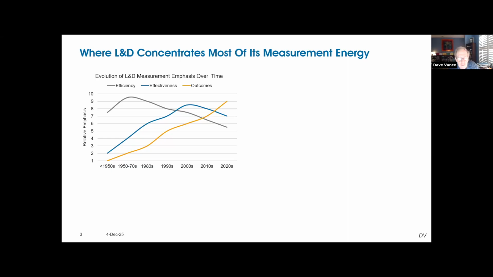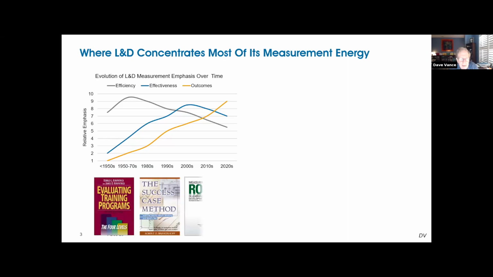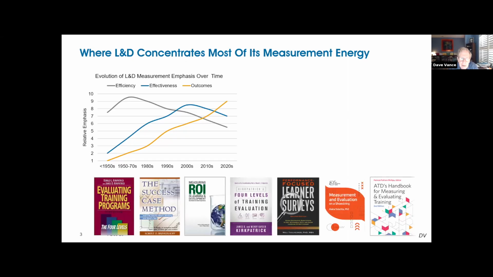And down at the bottom, we're going to show you some of the very popular books in the field. And if you maybe haven't thought about it before, take a look at the titles for these books by many authors that you know, and you'll see they all focus on program evaluation. And even one that says over on the right, measurement and evaluation, it's going to be all about program evaluation and not about any of the other aspects of measurement.